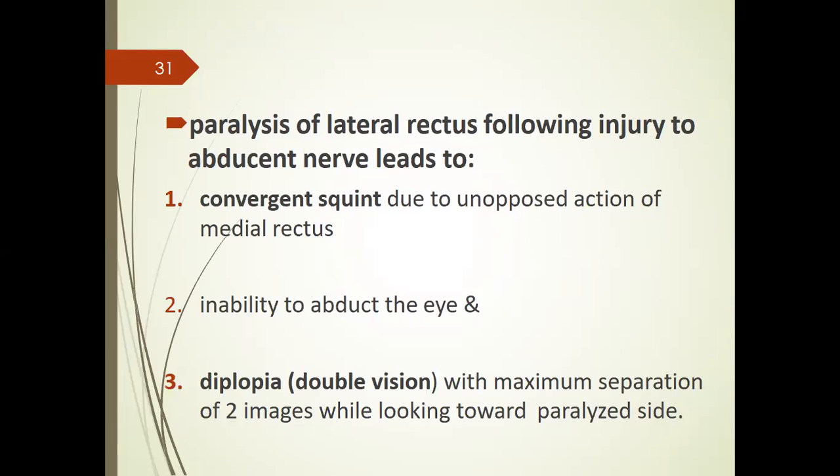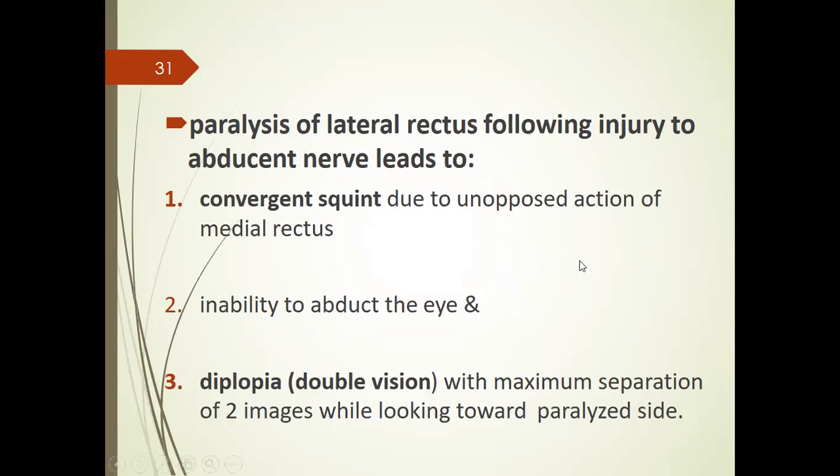So if the right lateral rectus is paralyzed, because of unopposed action of the right medial rectus, the pupil or anterior pole of the eyeball will be directed towards the nose, the nasal side, and there will be inability to abduct the eye.